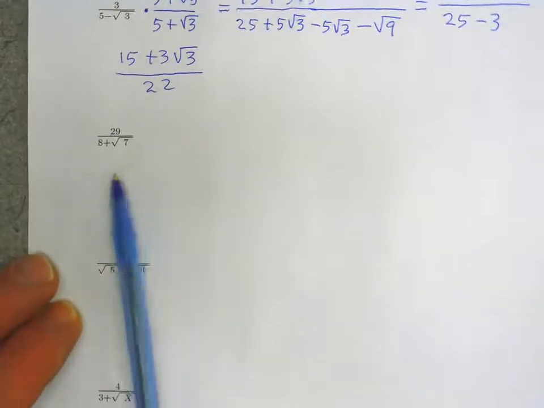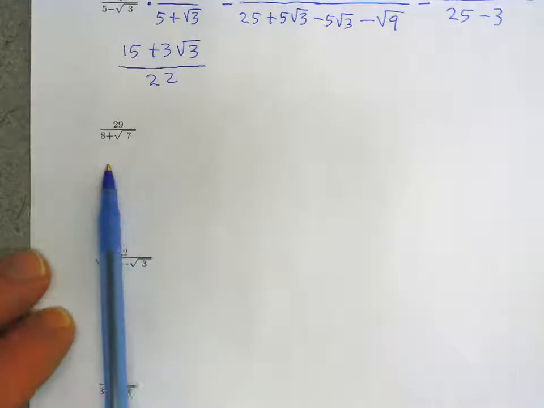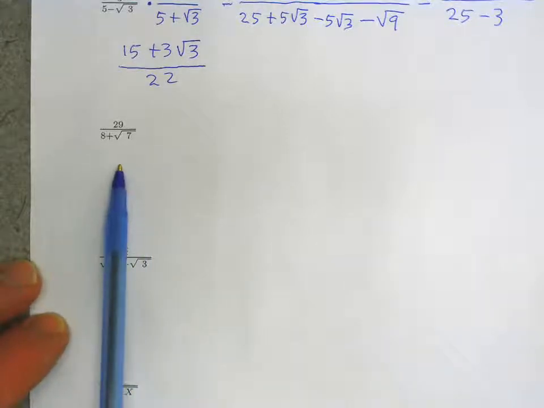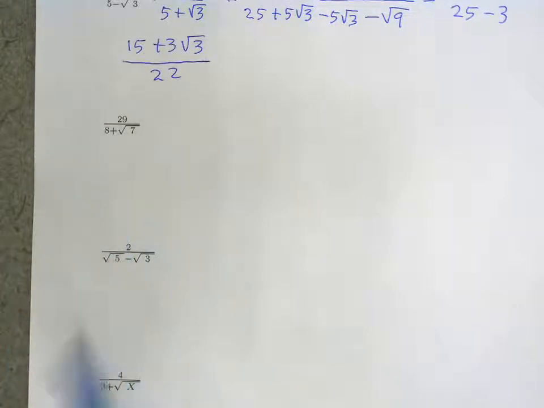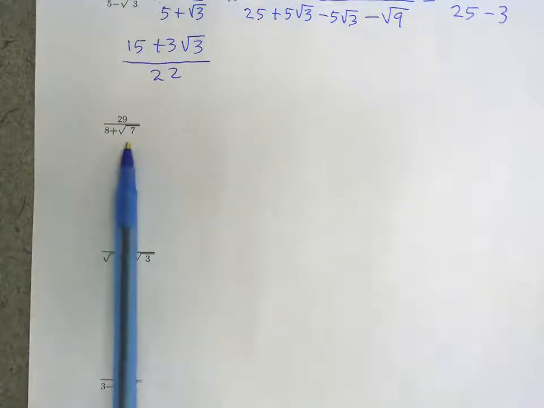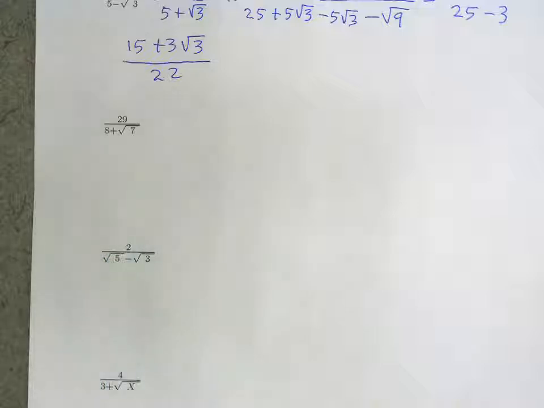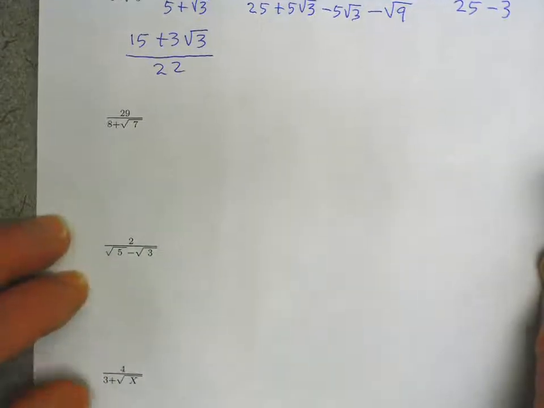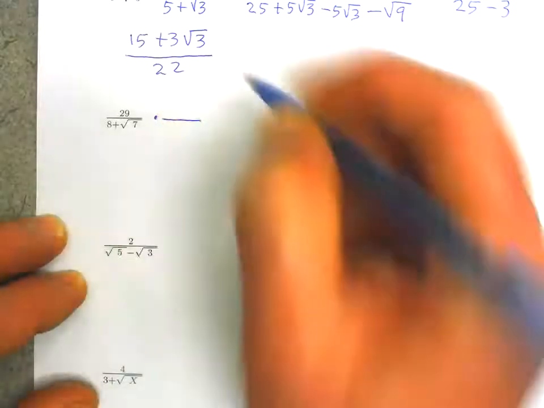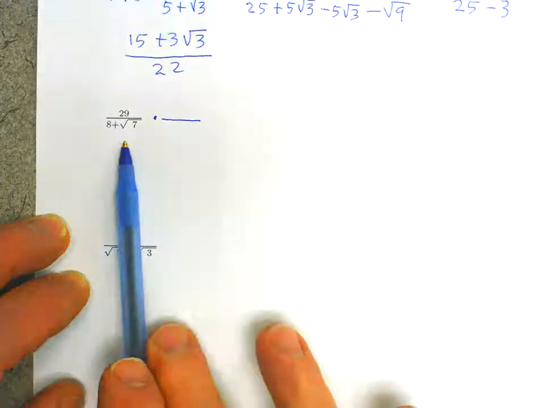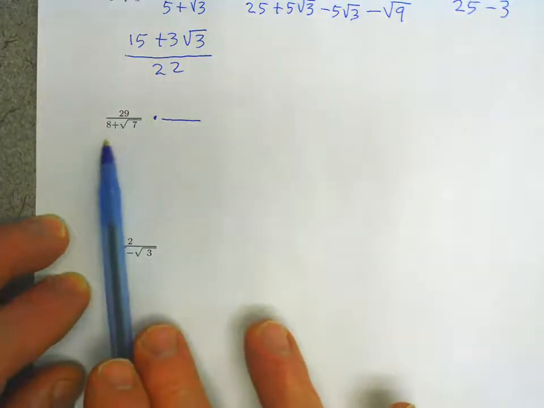Okay, we'll simplify the next quotient in the same sort of way, same strategy. The denominator is an irrational number because of the square root of 7. So the form that 1 takes this time is determined by the denominator.